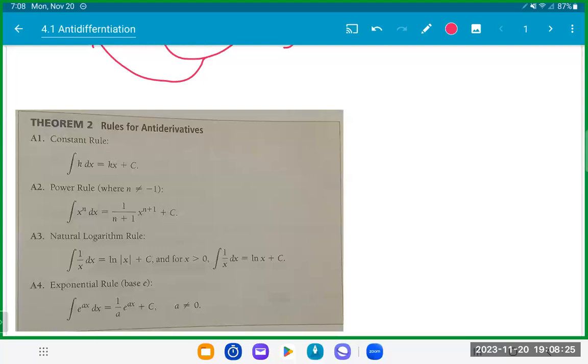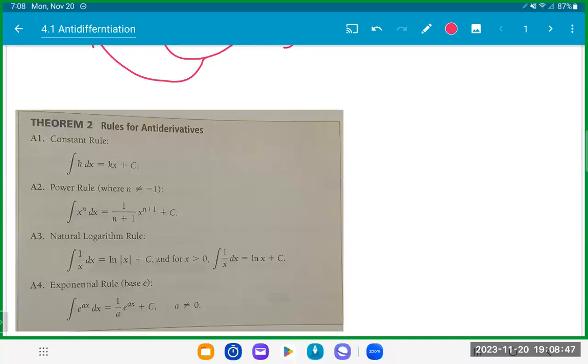Then the antiderivative is going to be kx plus some c. So the one thing I will tell you, when we're talking in general form, you must always include that plus c out there, or you will lose a point or two if it's on an exam, if you don't have that constant out there.